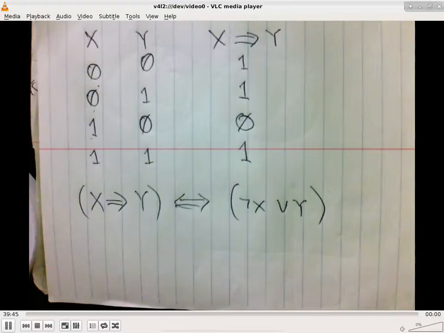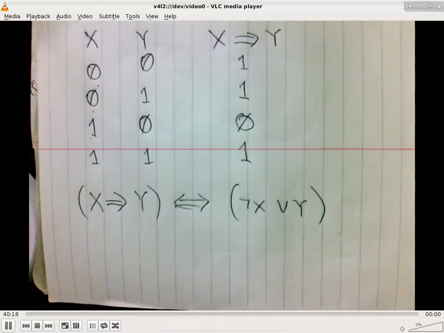So that's the other way to look at implication: not using the natural language way of understanding implication, but mechanically, saying that x implies y is defined as not x or y. It is only false when x is true and y is false. This makes it more clear why we only have one single row where the entire implication is false.